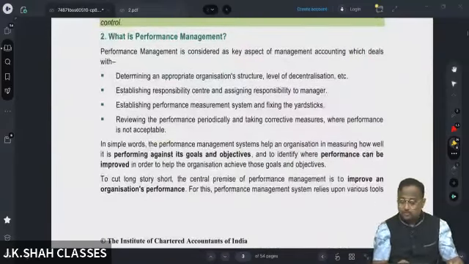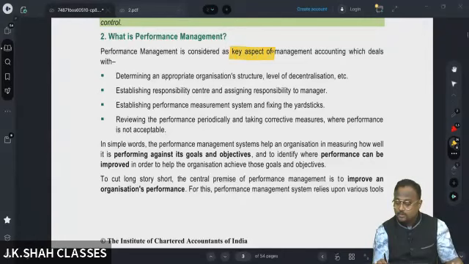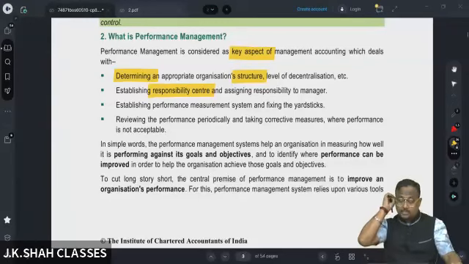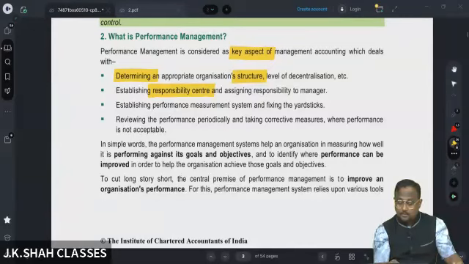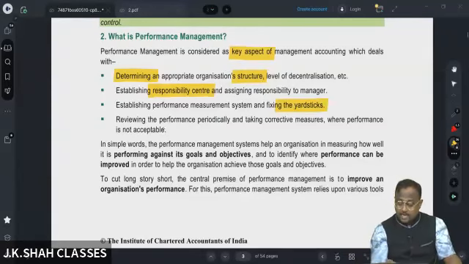So, what is performance management? Performance management is the most important aspect of management accounting, where you're supposed to determine the structure of the organization, responsibility centers and responsibility assignment, fixing yardsticks, like creating standards for what these managers should be achieving, and finally review.